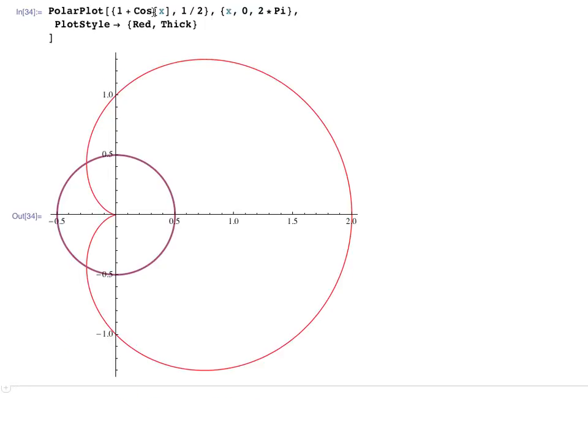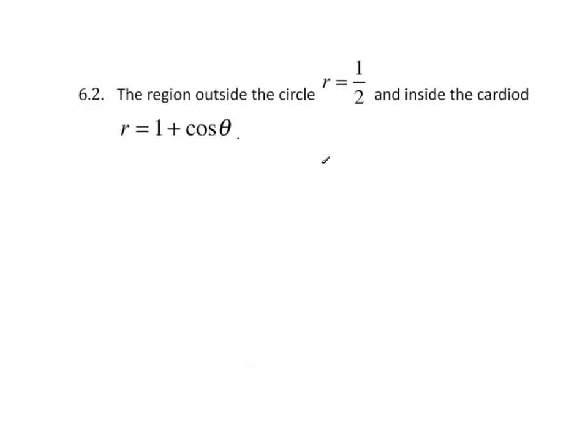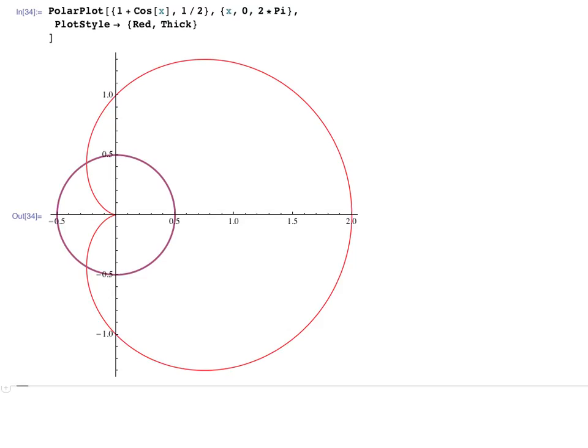So what is it that I'm actually looking for? I want the region outside the circle and inside the cardioid. So this is, I need all of this.